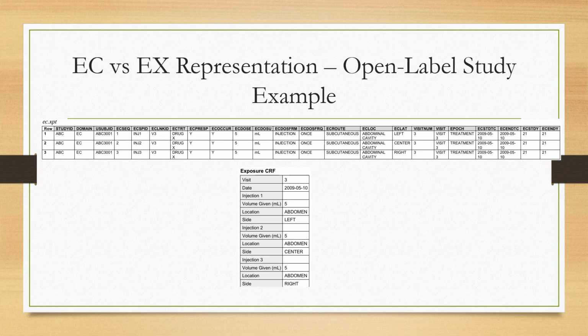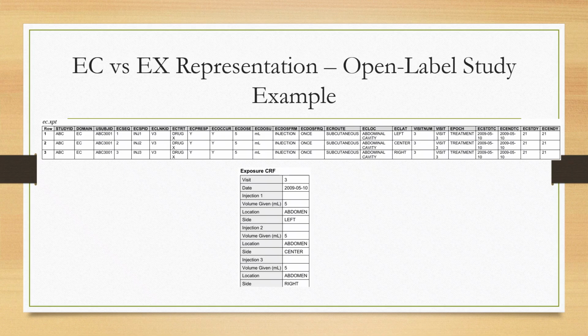We have one for left, one for center, and one for right, because of which we have the 3 records created. In case we did not capture the directionality, and if we have only captured the location, then in that case we only need to create one record in EC.